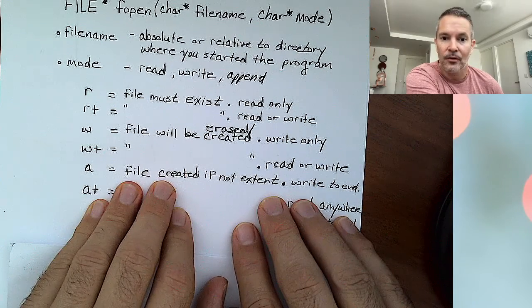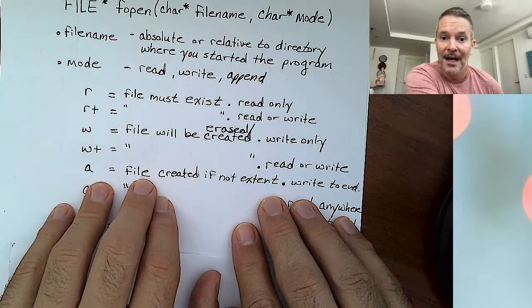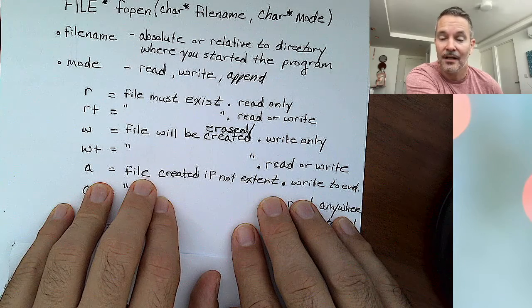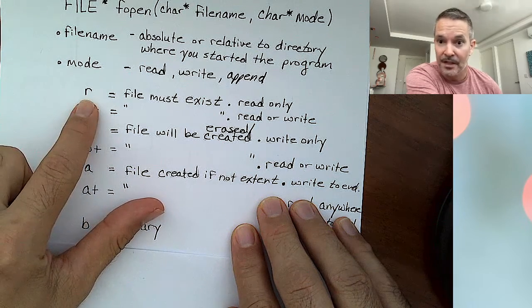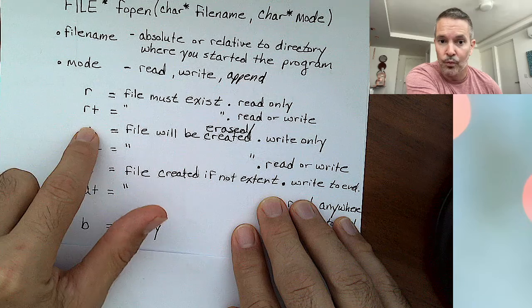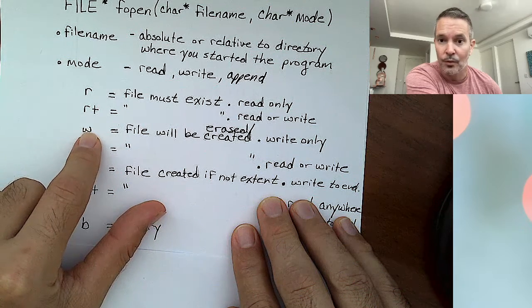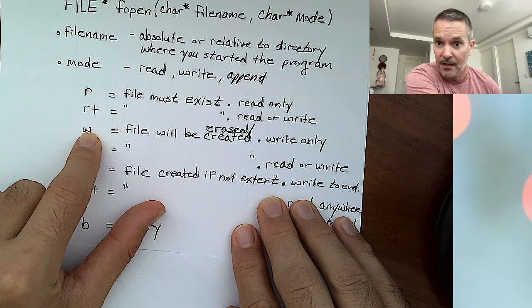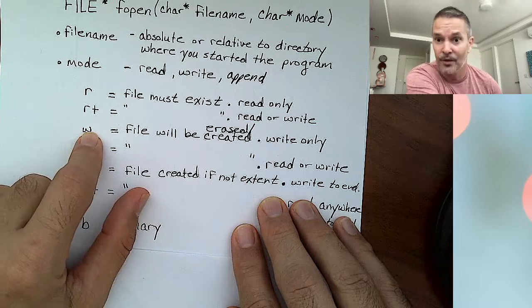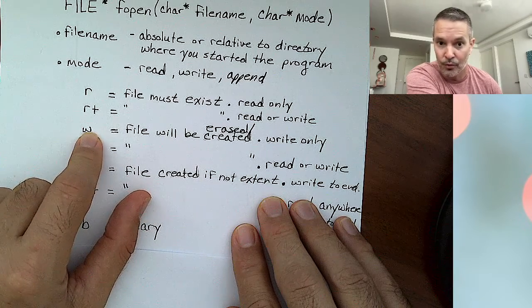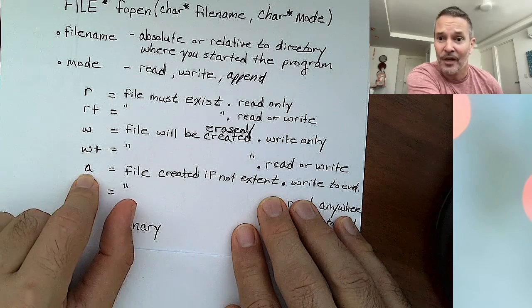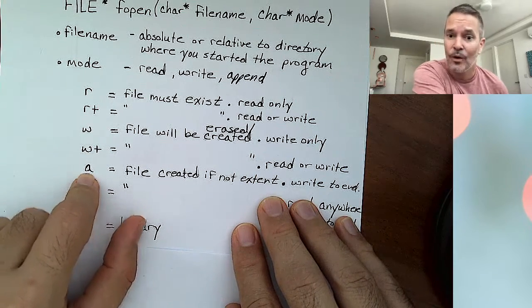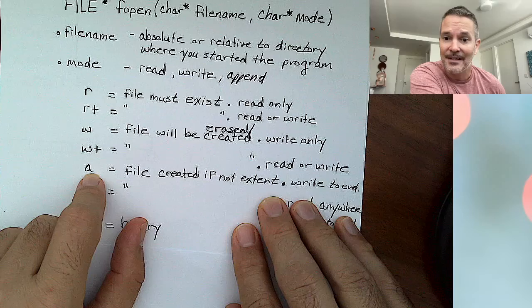A is the final mode, and it means I want to append to an existing file. So R means I want to read an existing file. Write means I want to write to a non-existing file, or if the file does exist, I want you to blow it away and let me write to it new. Append means I'm expecting this file already exists and I want to add to the file.